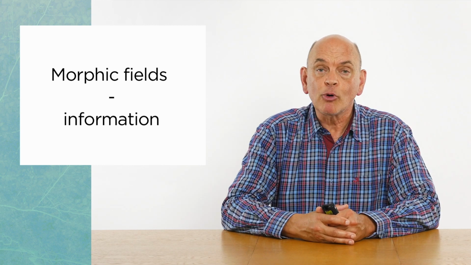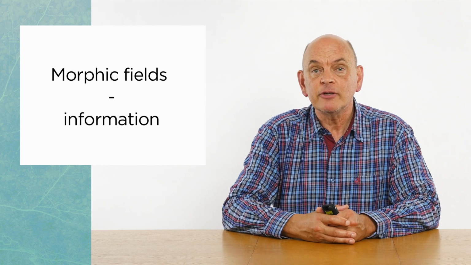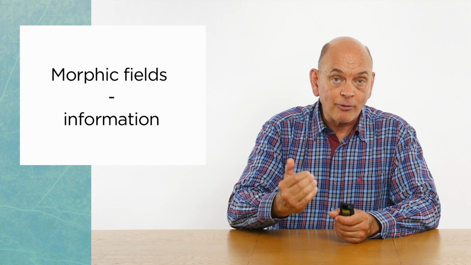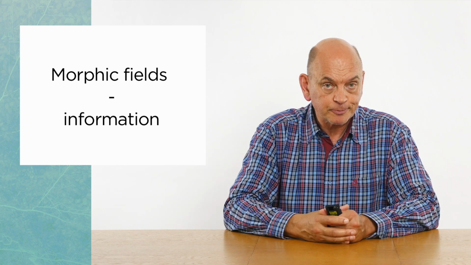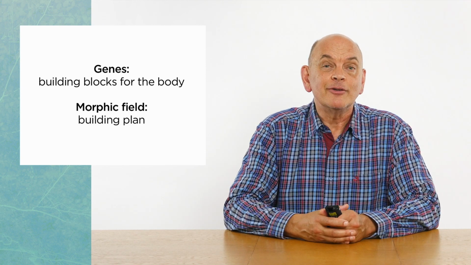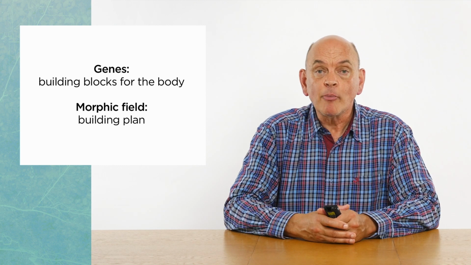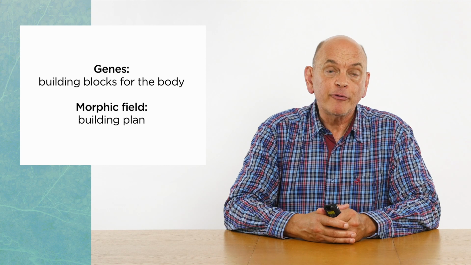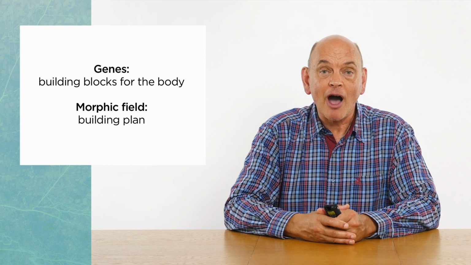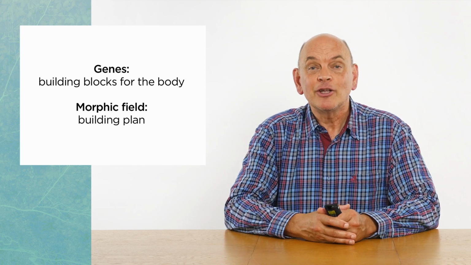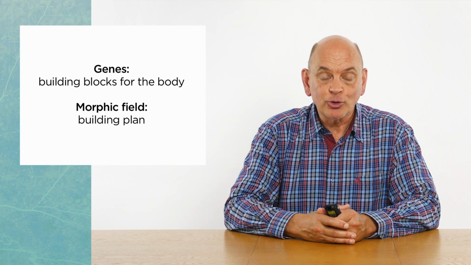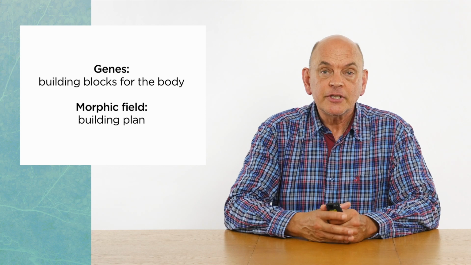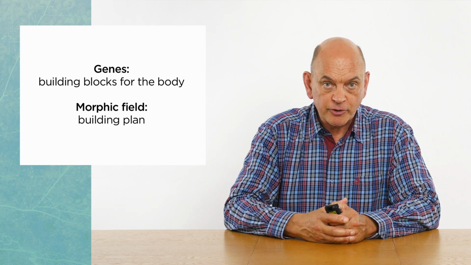The body is more like a transmitter and receiver, connecting with the field and uploading and downloading information. And the genes are more providing the building blocks. And the morphic field is like the plan from the architect telling the building blocks how to get shape, where to put them.